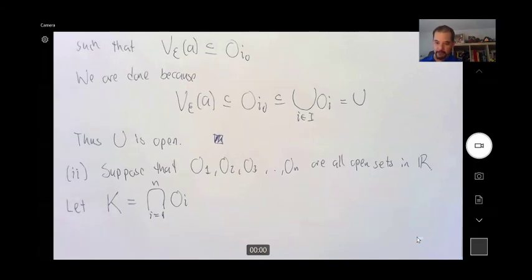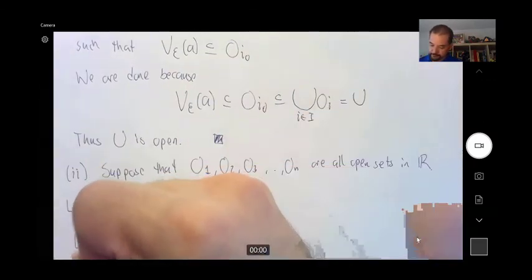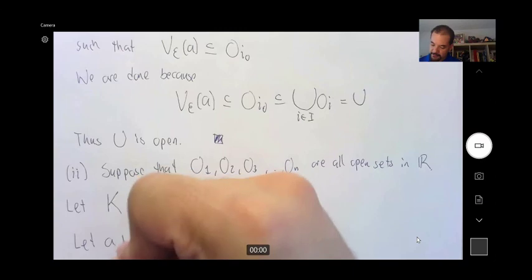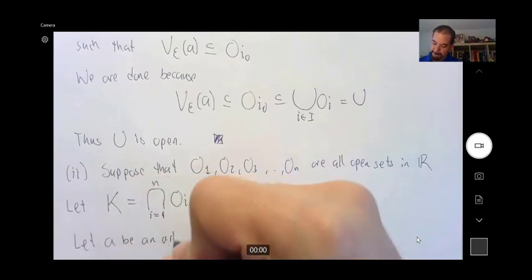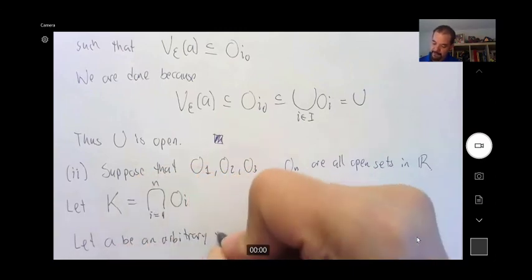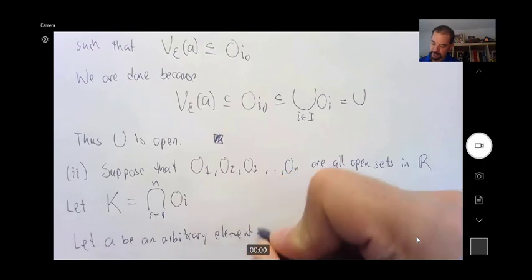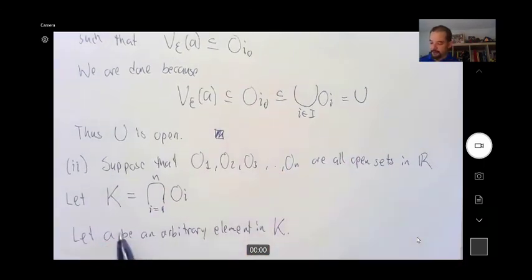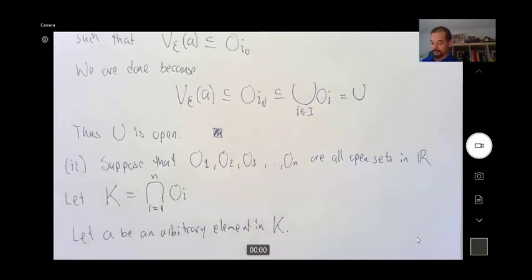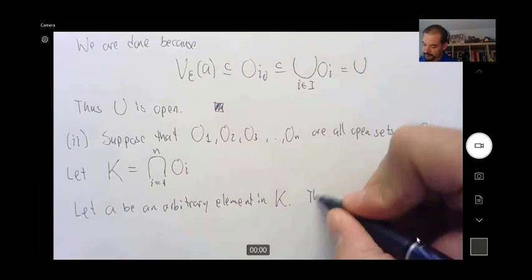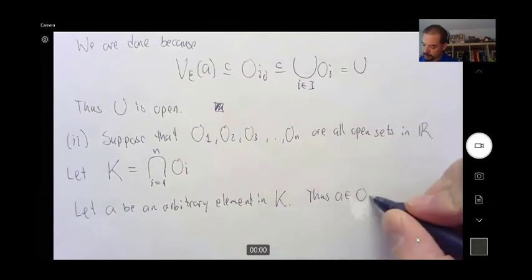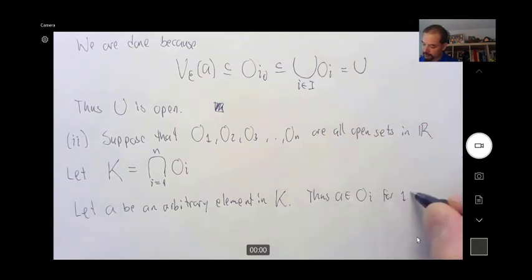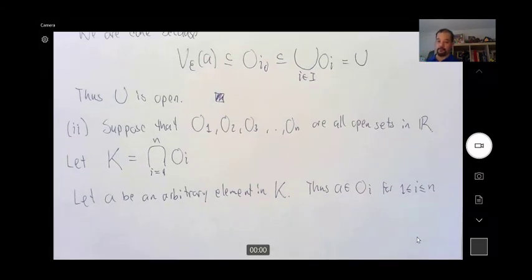So we pick an element in K. Let A be an arbitrary element in K. Now, because it belongs to K, it means it belongs to all the O_i's. So thus A belongs to O_i for 1 ≤ i ≤ N, to all of them.